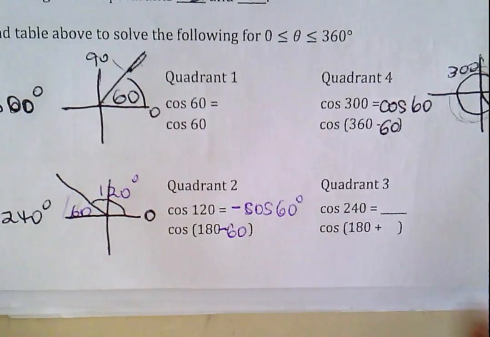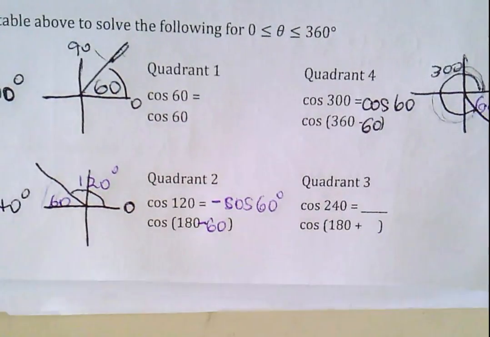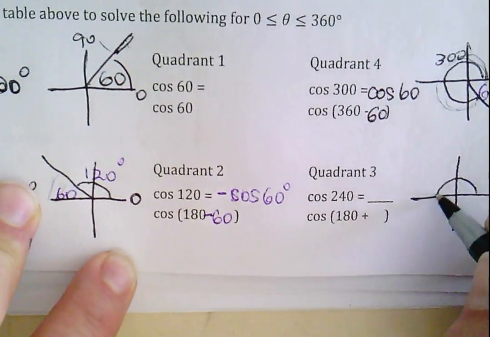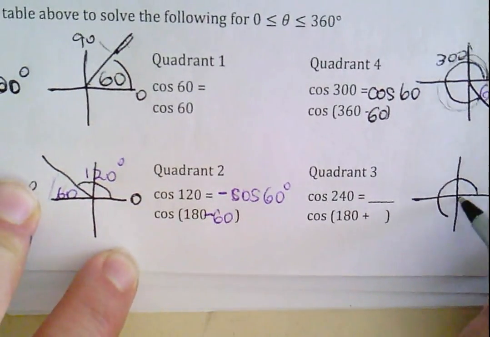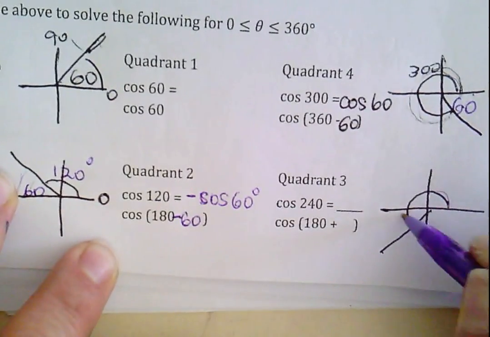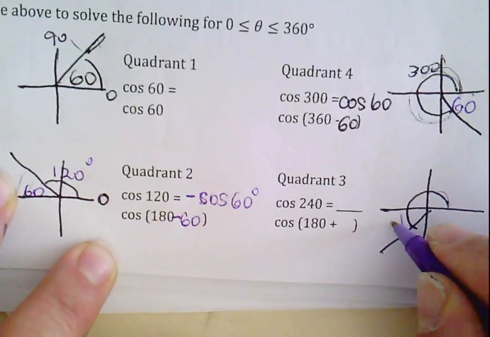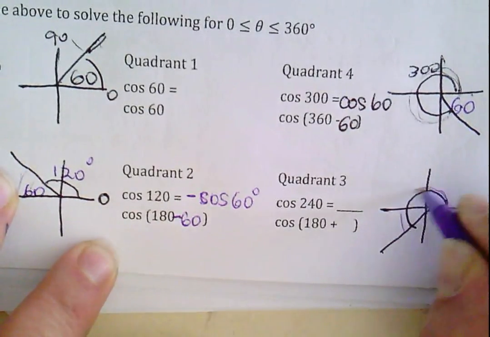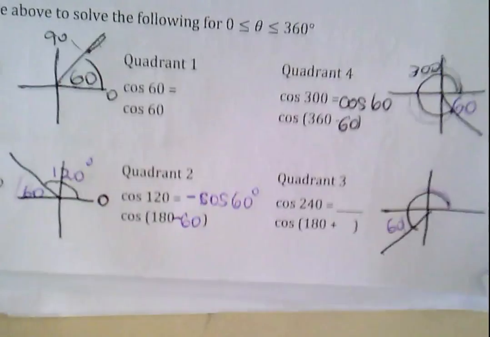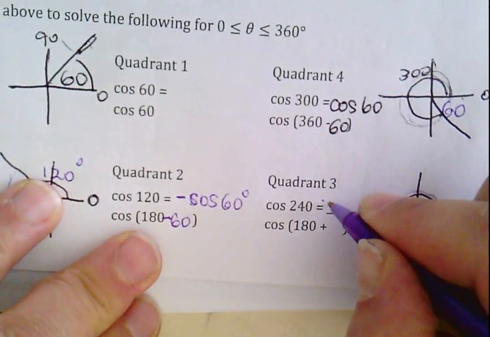All right, the last one, quadrant 3. How do I get to 240? 90, 180, 240 is like this. If that's 240, tell me what this bit is. That's 180 and 60 makes 240. Is cos positive or negative in quadrant 3? Negative.